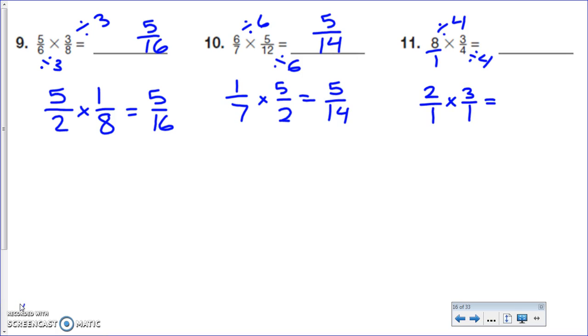So 2 times 3 is 6, 1 times 1 is 1, 6 over 1 simplifies to 6. And the reason this one is a whole number instead of a fraction like the others is we multiplied a whole number by a fraction rather than a fraction by a fraction.